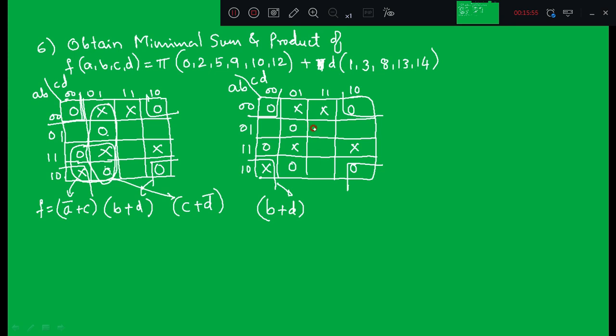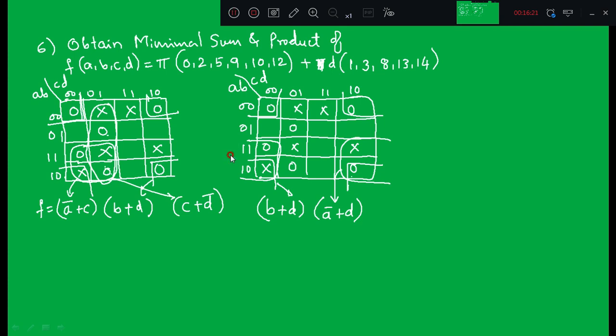Next, this 4. This 0 can be covered with these two don't cares and this 0. So what is the expression for this? It is A bar plus D. Let me verify the previous method.